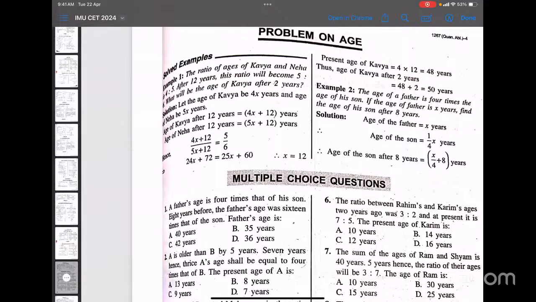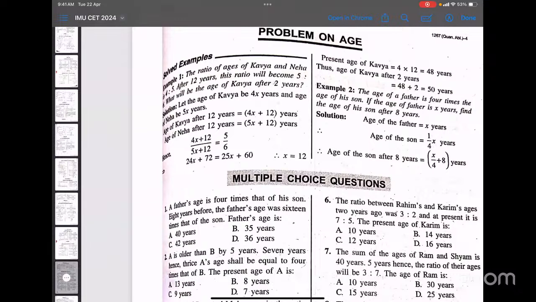So we can take their ages as 4x and 5x, right? Ratio is not a quantity. Ratio is a relation between quantities. So whenever you are given a ratio, you have to convert it into a quantity to deal with the question. So 4:5 means if the age of Kavya is 4x years, then the age of Neha will be 5x.